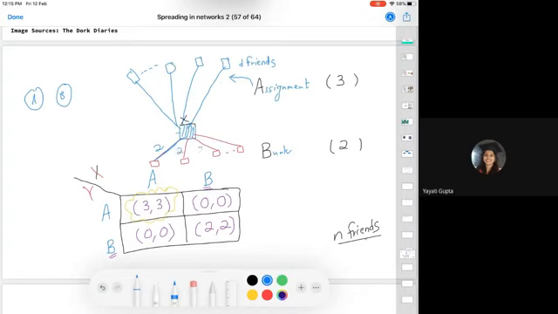Similarly, from this person, to this person, to this person, it ends up as a payoff of 2 into n minus d. Because d friends here are doing the assignment, the remaining number of friends is n minus d, and for each of these n minus d friends X is getting a payoff of 2. And here, what is the payoff you get? Here the payoff is going to be 3 into d.